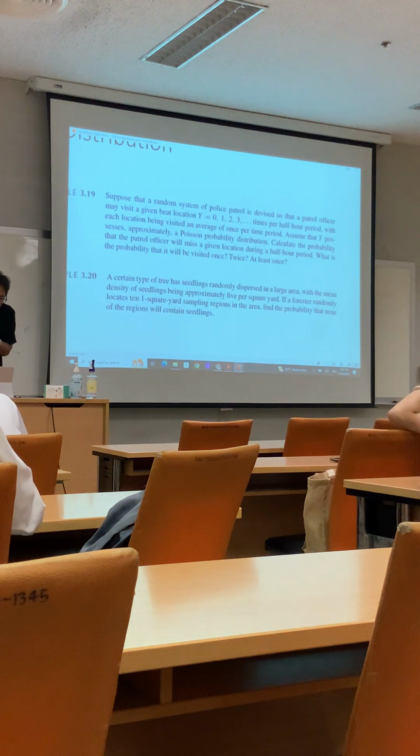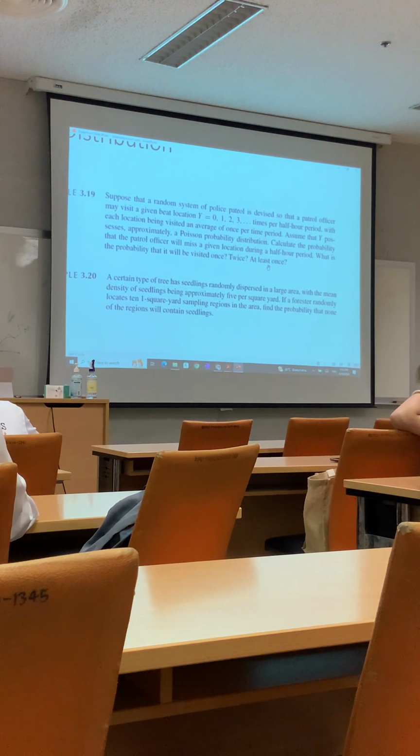So the question wants us to calculate the probability that the patrol officer will miss a given location. Miss means y is 0. And what is the probability that it will be visited once, twice, or at least once? So you can see that it asks more than one question.